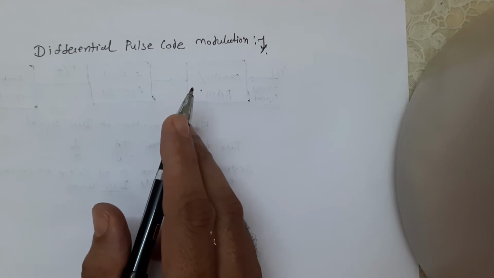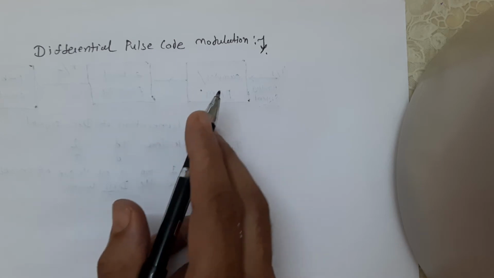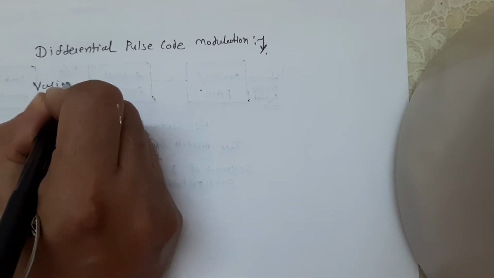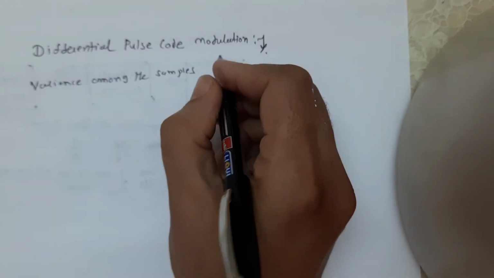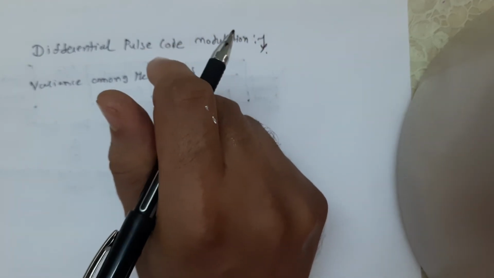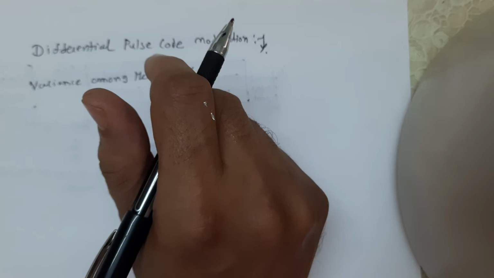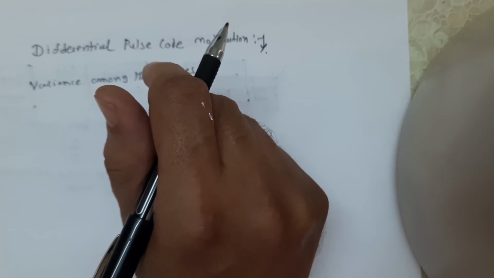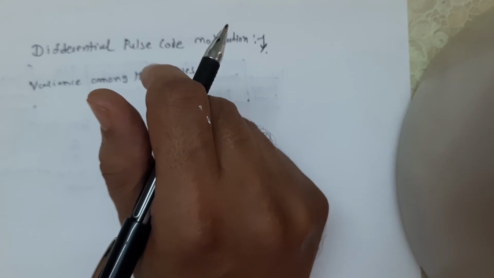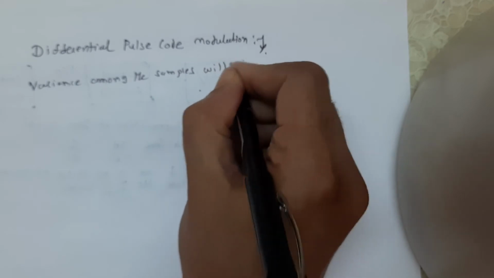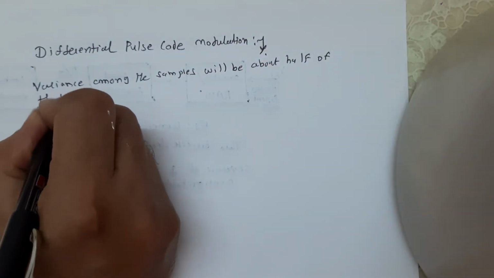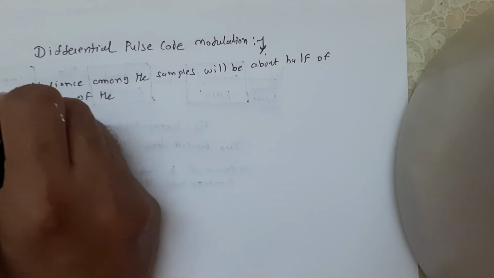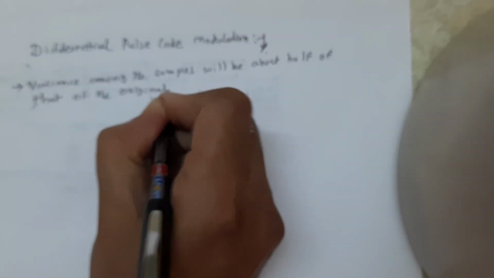Roughly, the variance among the samples will be about half of that of the original signal.